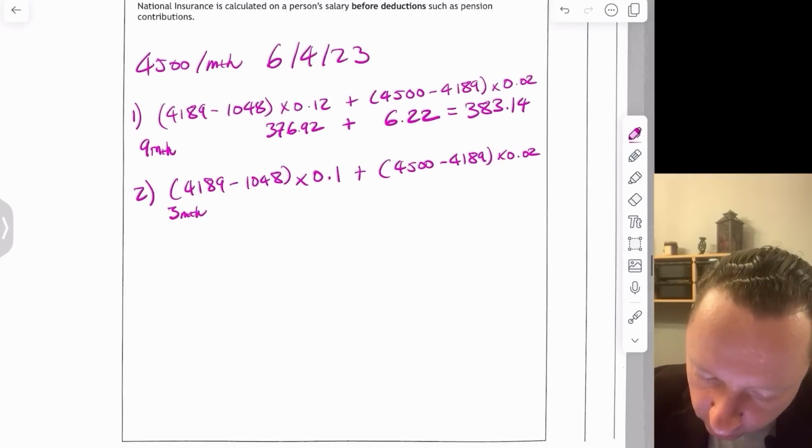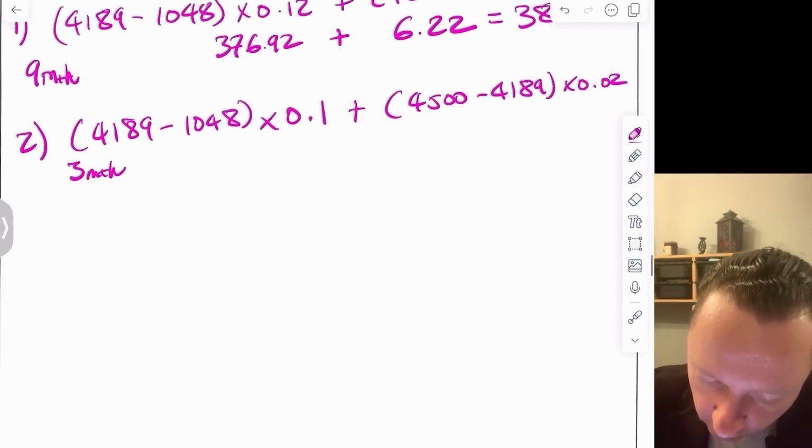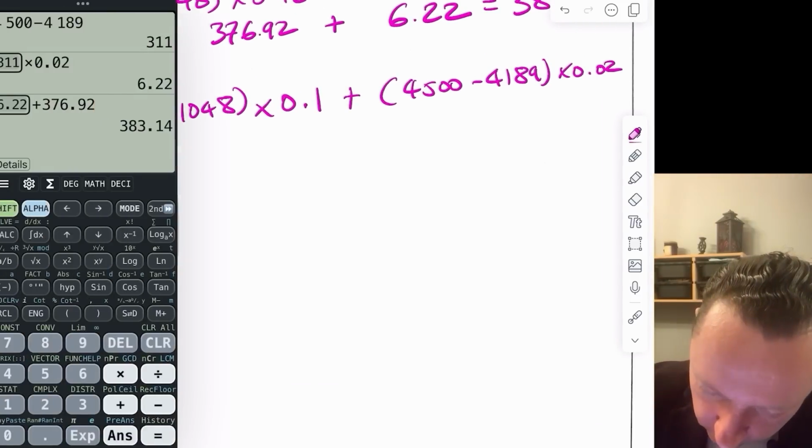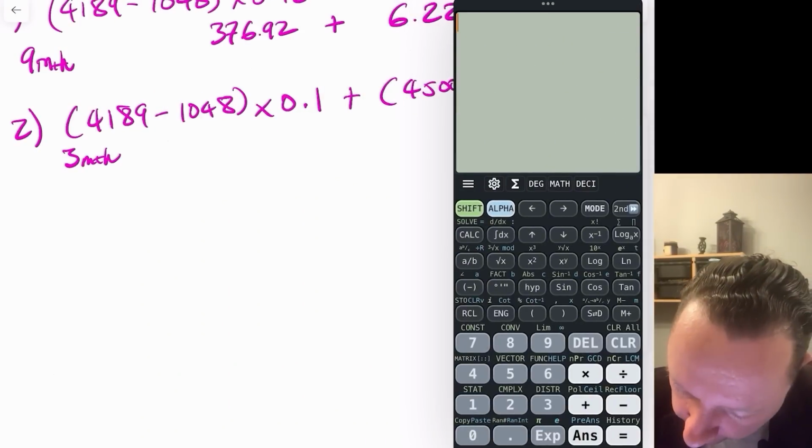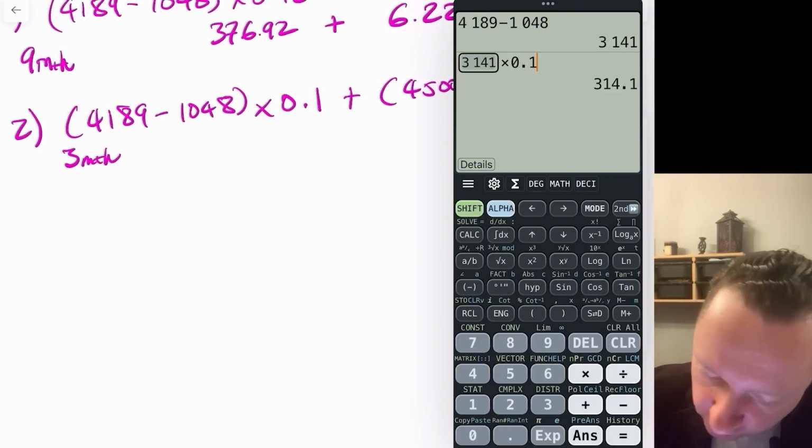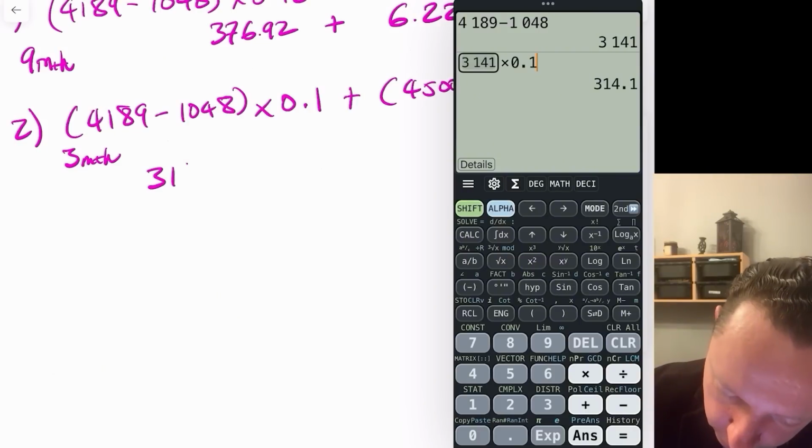And for the second one, we'll times at the end. We have got the first top bit, 4,189 minus 1048, and that's 10%, which is 314.10.